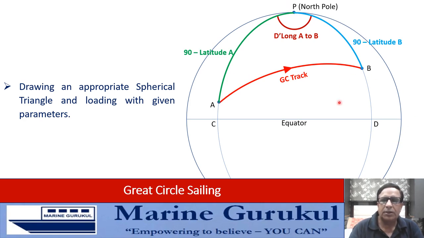If I know the coordinates of B, I can get this side PB. And if I know the longitudes of A and B, I can get angle P. In other words, I can get the two sides and the included angle.